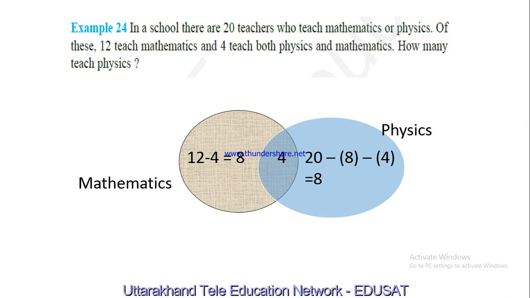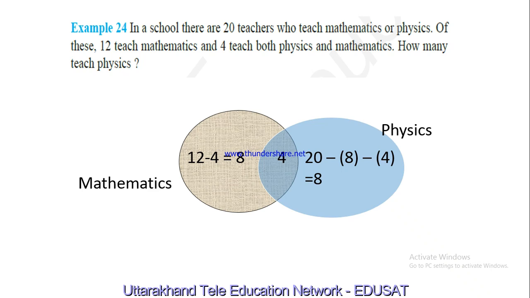The overlap again is equal to 4, meaning 4 teachers can teach both mathematics and physics. But the remaining 8 on your right side, 20 minus 8 minus 4 is equal to 8, is the number of teachers who can teach only and only physics. So if somebody asks how many teachers can teach only physics, the answer should be 8.